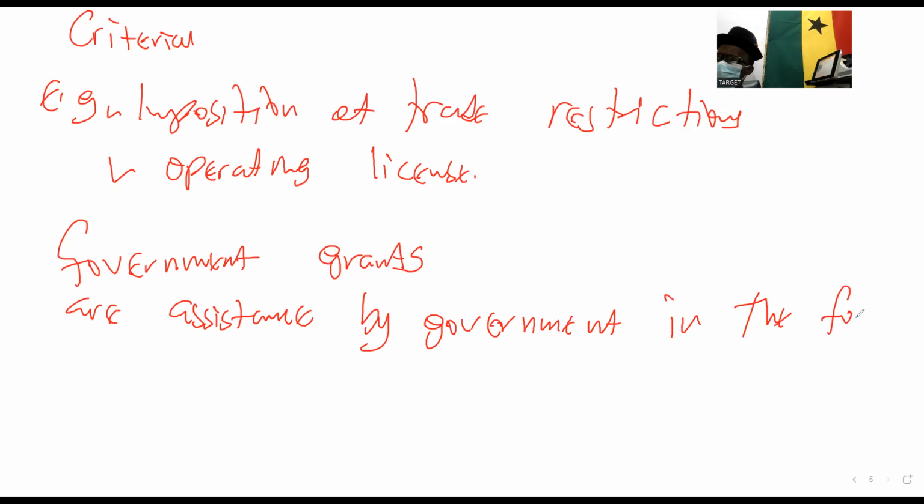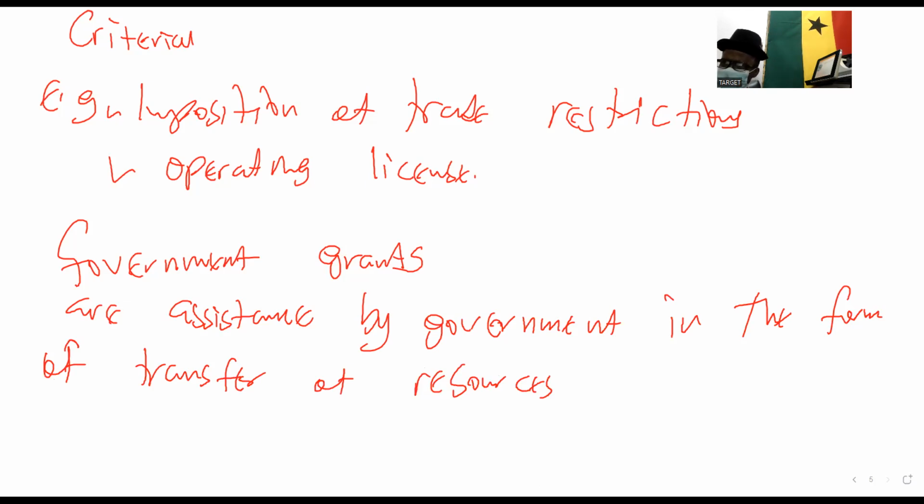In the form of transfer of resources. That is the only difference. You see?